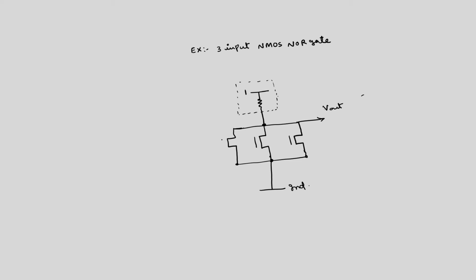This is NMOS, if you have three inputs A, B, C. Here the thing is, as long as these 3 NMOS transistors, if I call these N1, N2, N3, if all NMOS transistors N1, N2 and N3 are off, that is A is equal to B is equal to C is equal to 0 or low.